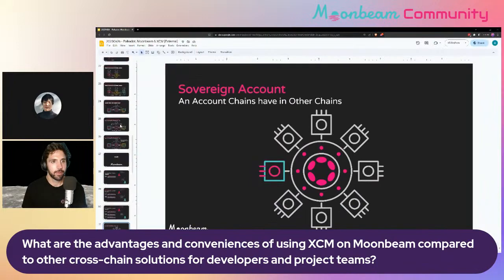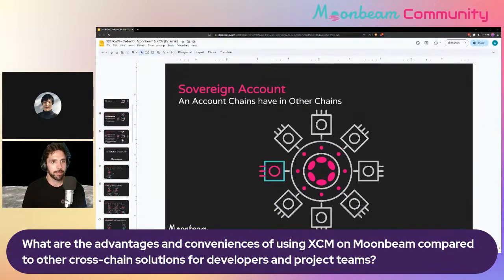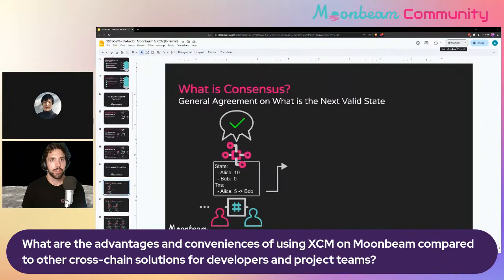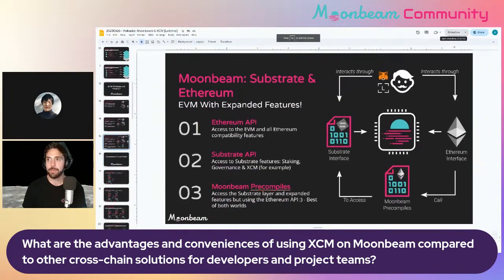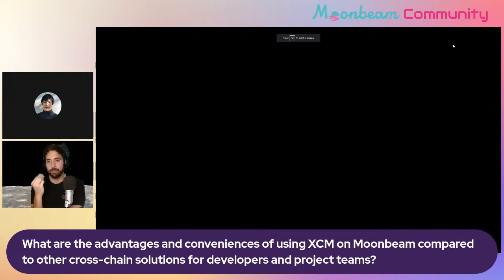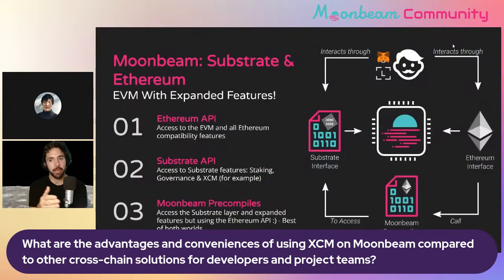Okay, precompiles. So the main benefit of using, for example, XCM on Moonbeam, let's first compare it to other parachains, right? Compared to other parachains, the main benefit is that Moonbeam's Ethereum compatibility is unmatched right now, right?